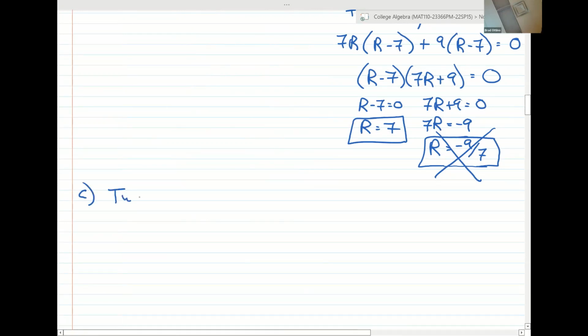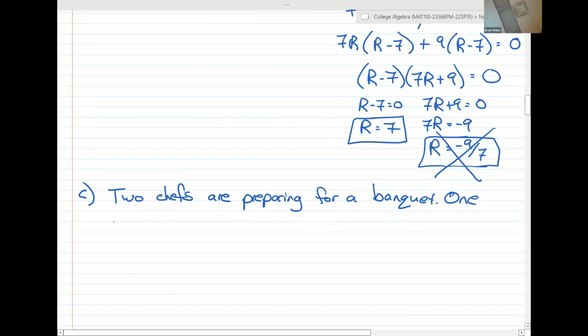All right, let's say 2 chefs are preparing for a banquet. One chef could prepare it in 2 hours less than the other.